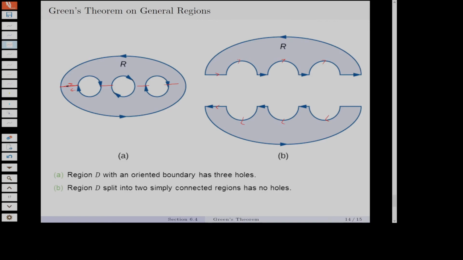When I integrate over those 2 lines, I'm integrating over the exact same curve, except my starting and ending is swapped. That means one of those is the opposite of the other, so when I add them, they add to 0. So when I look at a region with holes in it, adding in these cuts is really just adding in 0. In order to take my region with a hole in it and cut it into two, I'm adding in a bunch of pieces that add up to 0.